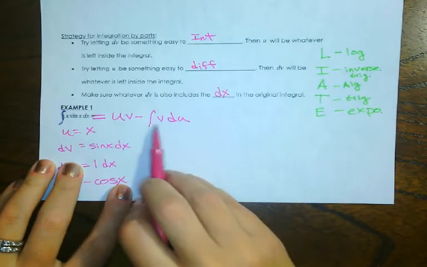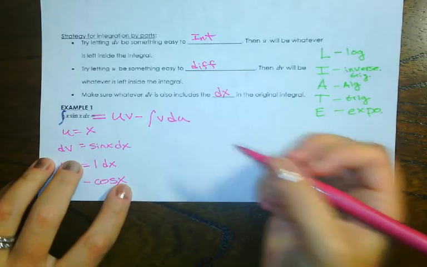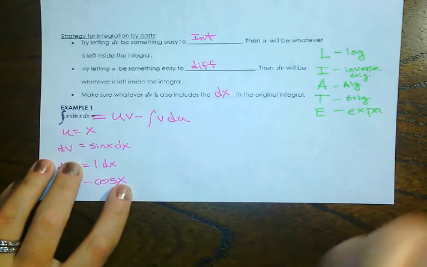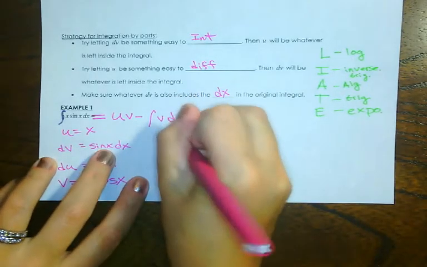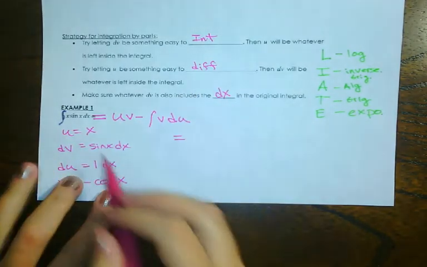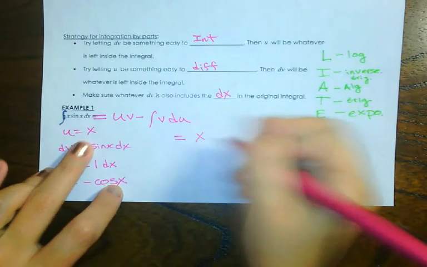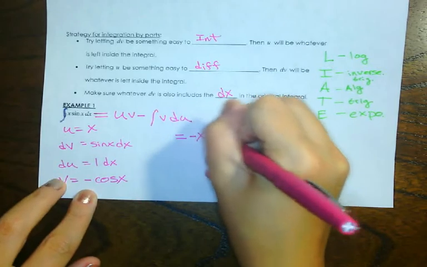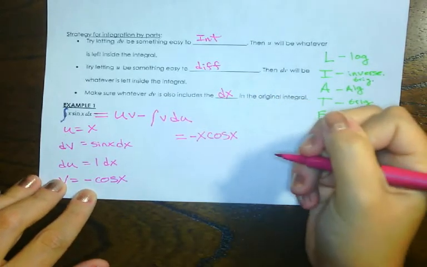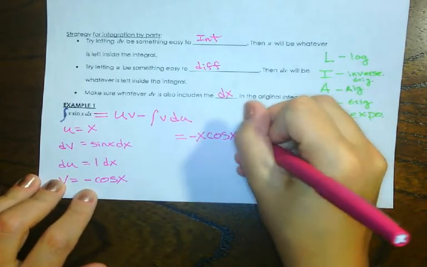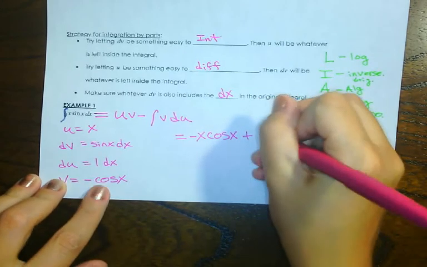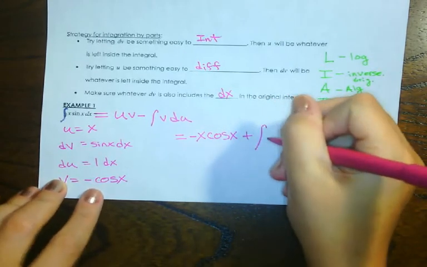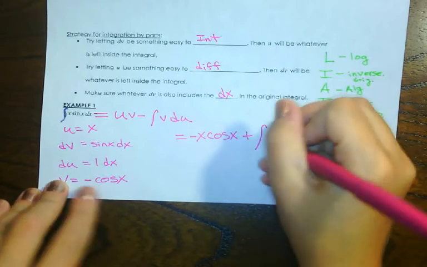So uv minus voodoo, minus the integral of voodoo. So now I'm literally just going to drop these in. So what do we got? It's u times v. My u is x, and v is negative cos x, so I'm going to pop the negative in front. So negative x cos x, and then minus the integral of v du.